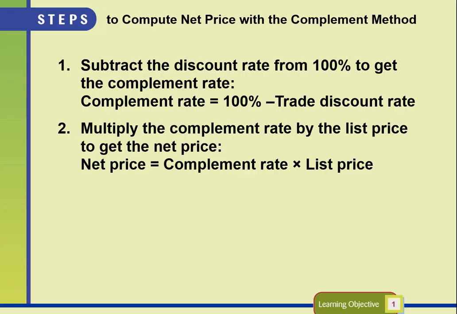We're then going to multiply that complement rate by the list price, which is going to give us the net price. So there are two things we have to calculate for this. First, the complement rate, and then using that complement rate, we'll calculate the net price.